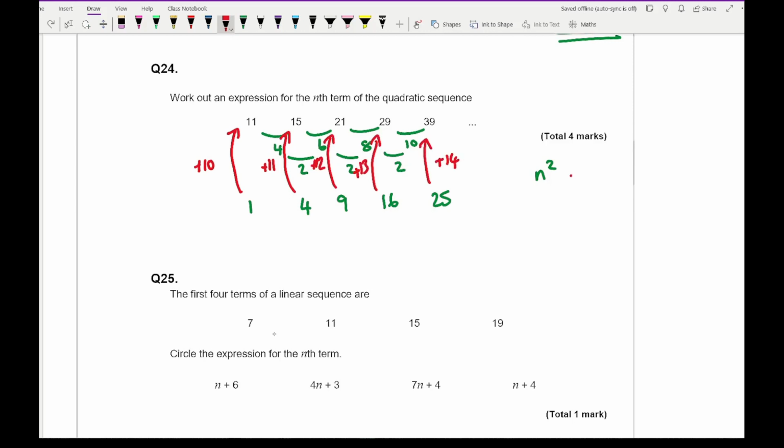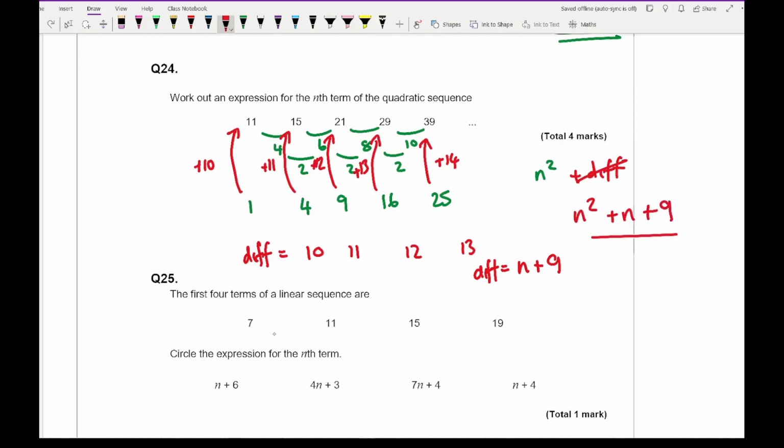So the difference is 10, 11, 12, 13, which is a linear sequence, in which the difference is going to be n plus 9. So then, joining those two, I end up with n squared plus n plus 9, and there is my nth term formula.